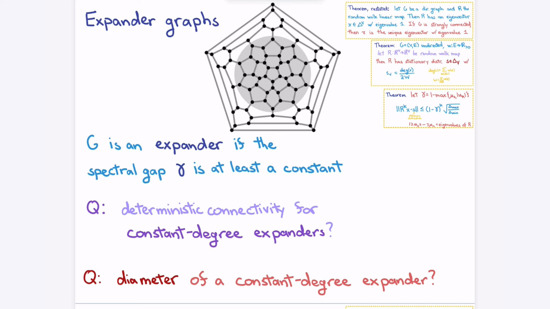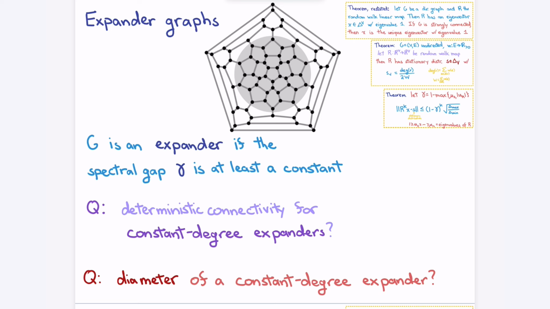Combine that with the fact that you're in a constant degree graph, so each vertex only has 5 choices or something. And you can just enumerate all the paths of log n steps in polynomial time. That's it.